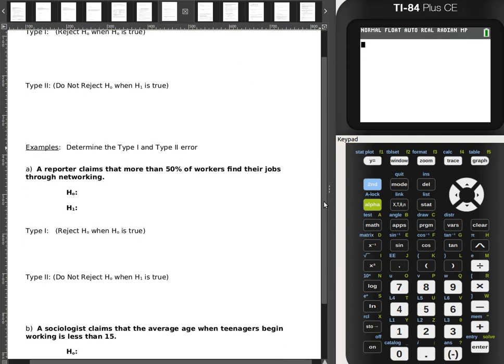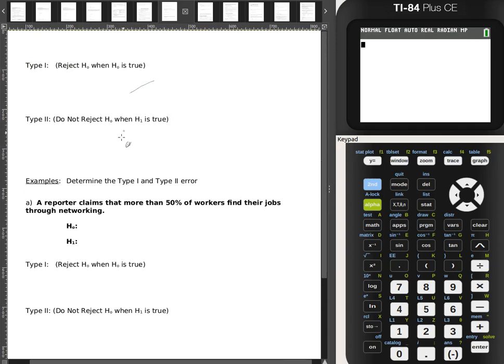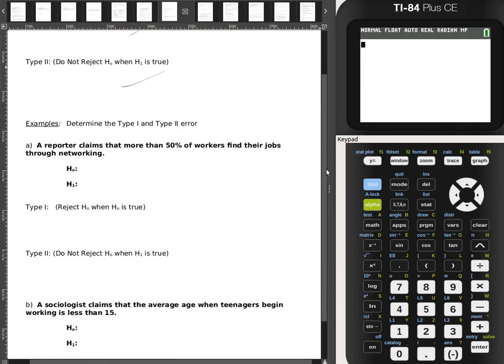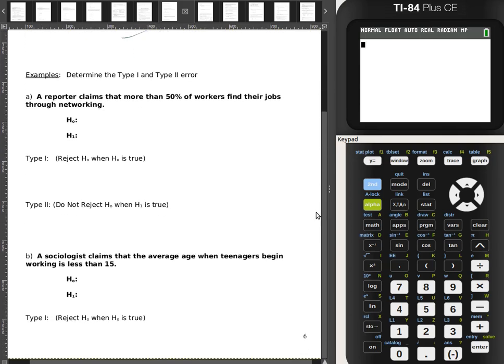But we have just filled in these blanks on the previous page, talking about type 1 and type 2 with respect to innocent and guilty. What about this one? We will set up some null hypothesis, alternative hypothesis, and then talk about the errors. Here a reporter claims that more than 50% of workers find their jobs through networking.